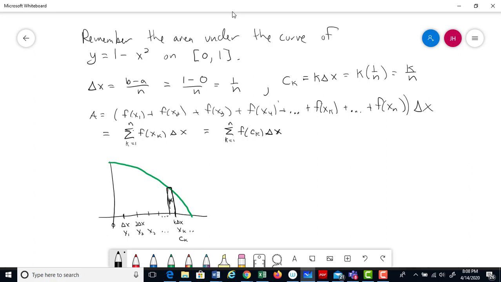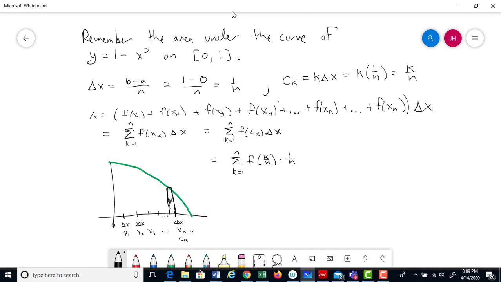Whatever your change in x is, just throw in a multiplication of k, an extra factor of k in the numerator. So this term simplifies to the summation from k equals 1 to n of f of k over n, multiplied by your change in x, which is 1 over n.